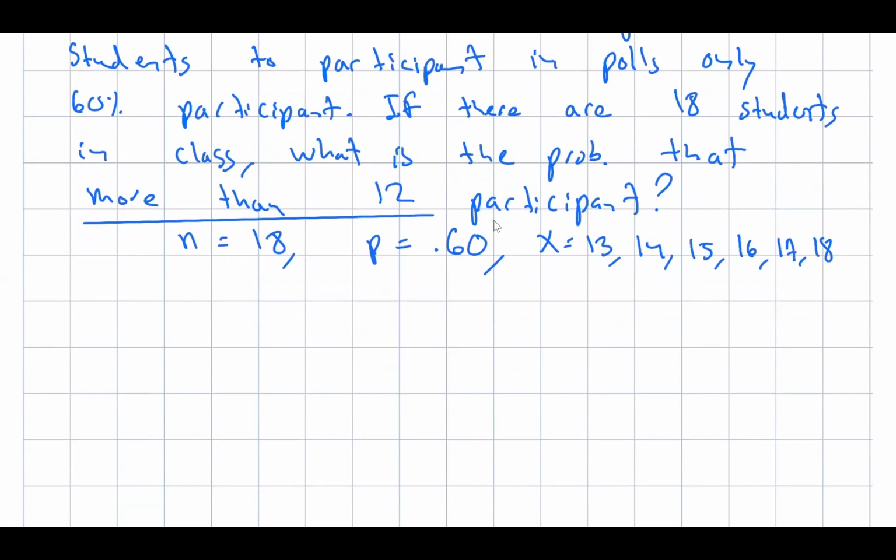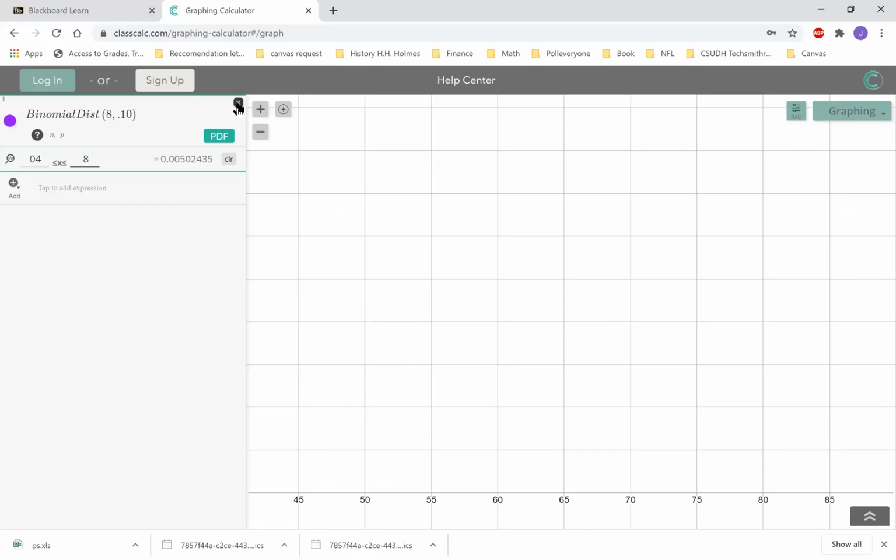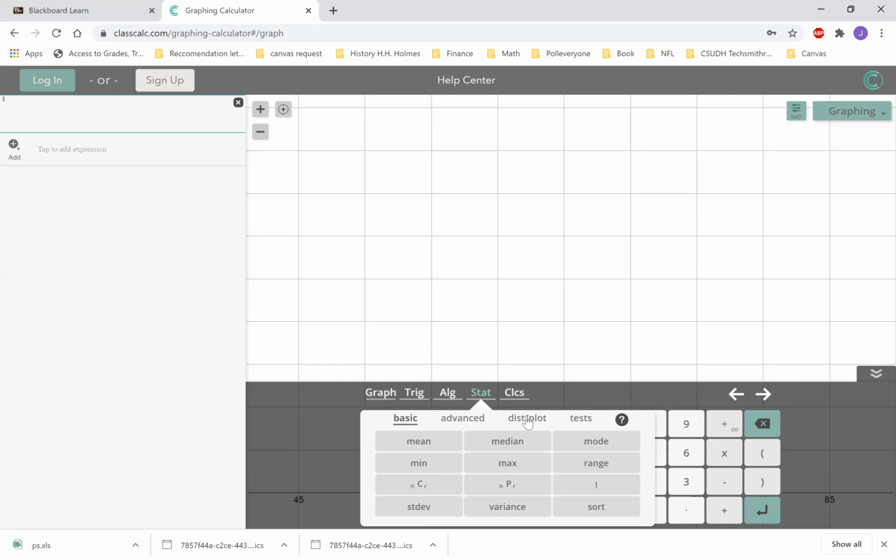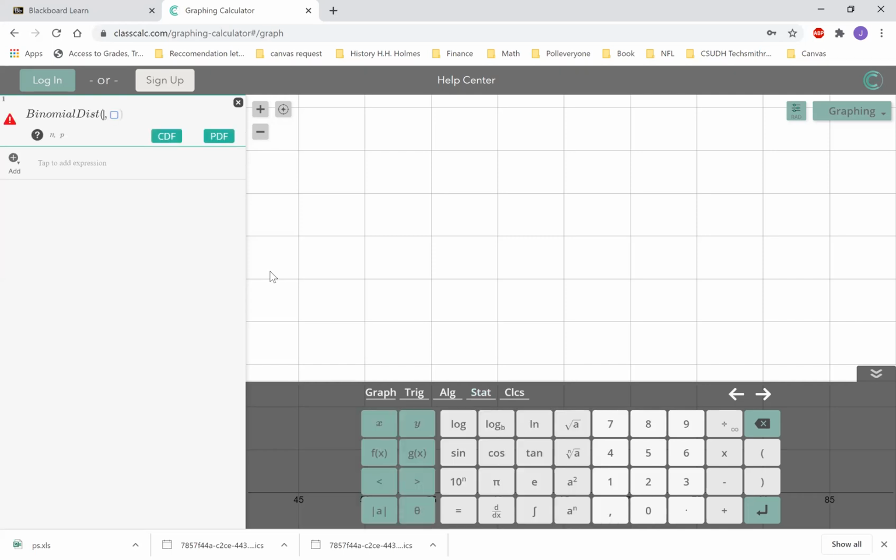All right, so let's go back to Class Calc. We go to stats, we go to distribution, we go to binomial distribution, n is 18, p is 0.60, and then we choose CDF.